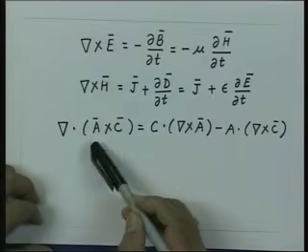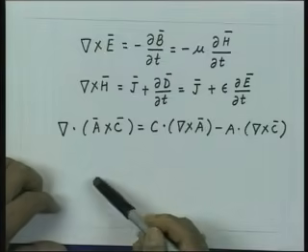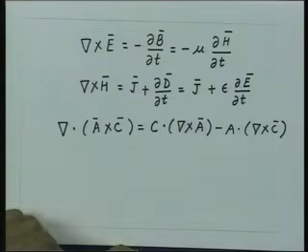Now, let us say this vector A is the electric field and this vector C is the magnetic field.